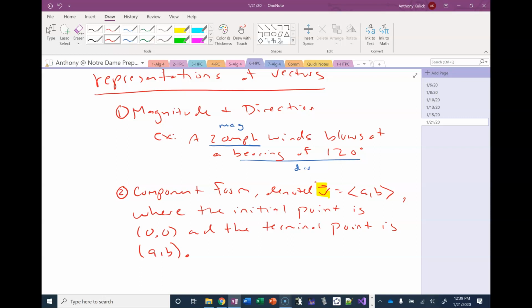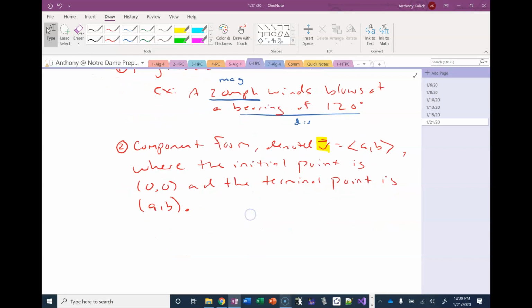The wedged bracket AB is a vector in component form. So we have to make sure that we're being consistent and careful with our notations here, because if we just say AB, it's not clear whether that's a point or a vector, right? We have to be careful about that because they mean different things. That's a V with a line above it.